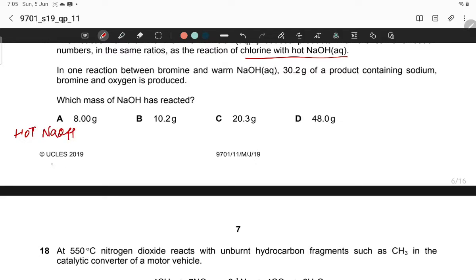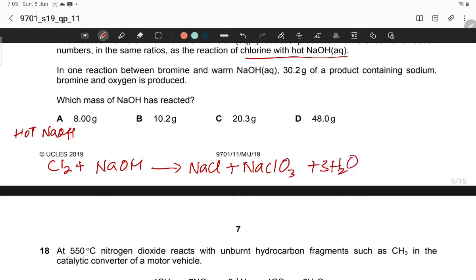This is the chemical reaction: Cl2 plus NaOH to form NaCl plus NaClO3 plus 3H2O.